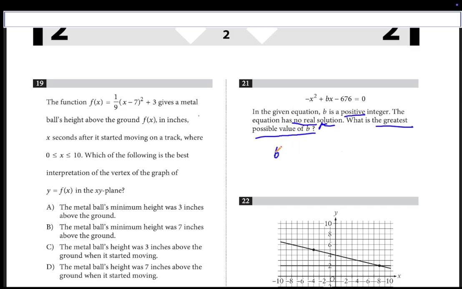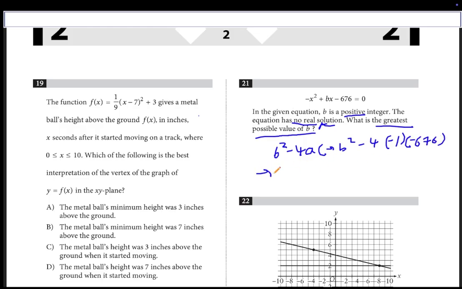So we're going to use our discriminant formula, b squared minus 4ac, and we're going to input our values. So b is just a variable, so we're going to have b squared minus 4 times a, and a is negative 1, so 4 times negative 1 times our c value, which is negative 676.